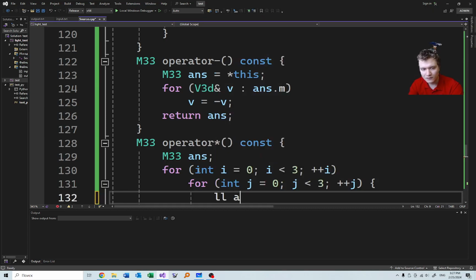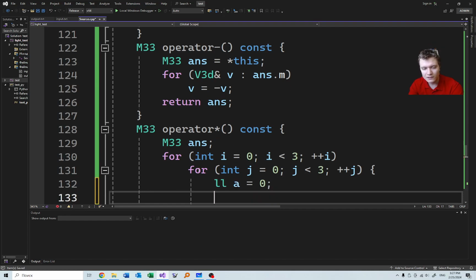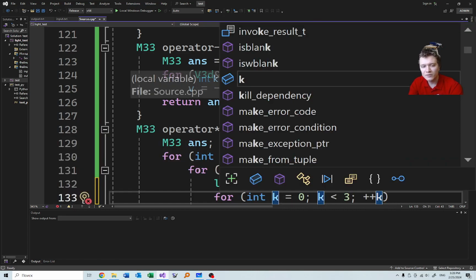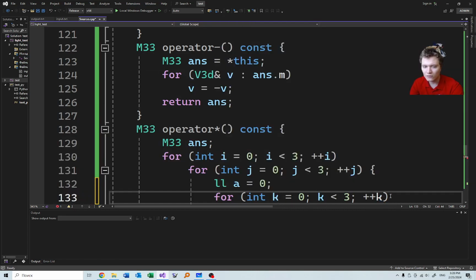Here, let's do the following. We go through the columns of the first matrix and the rows of the second matrix.